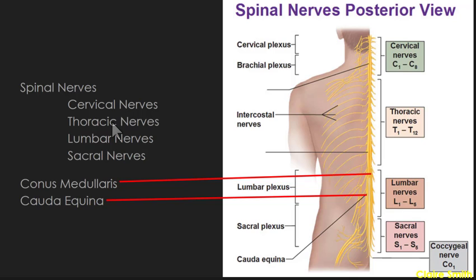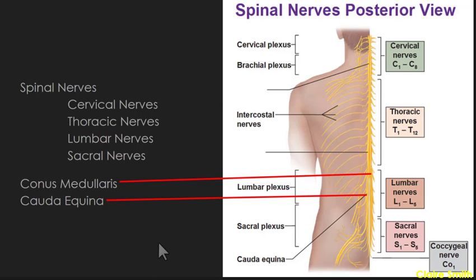You have cervical, thoracic, lumbar vertebrae, and then you have the sacrum, right? Depending on between which vertebrae the spinal nerves are leaving, they get their names based on that. So cervical nerves are leaving the spinal cord through the cervical vertebrae, thoracic through the thoracic vertebrae, and so forth. So that's the first thing.